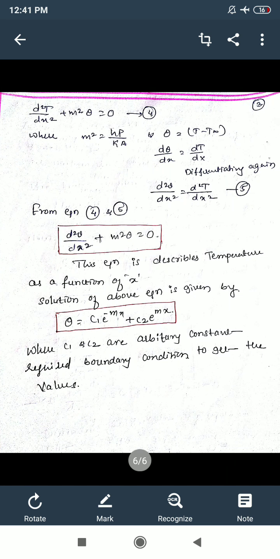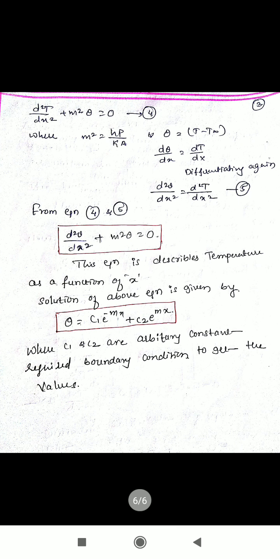So here I can differentiate this theta with respect to x, then it becomes d theta by dx is equal to dt by dx. Again differentiating, d square theta by dx square is equal to d square t by dx square. From equations 4 and 5 you can write d square theta by dx square plus m square theta is equal to 0.